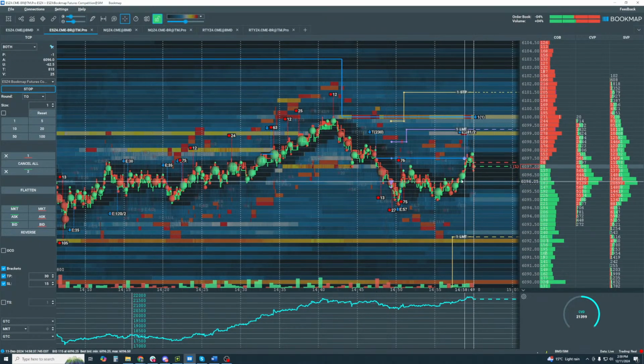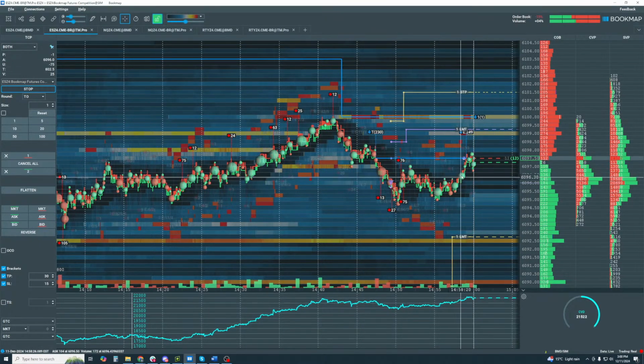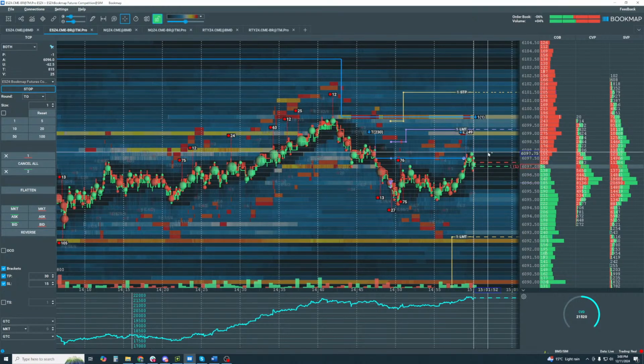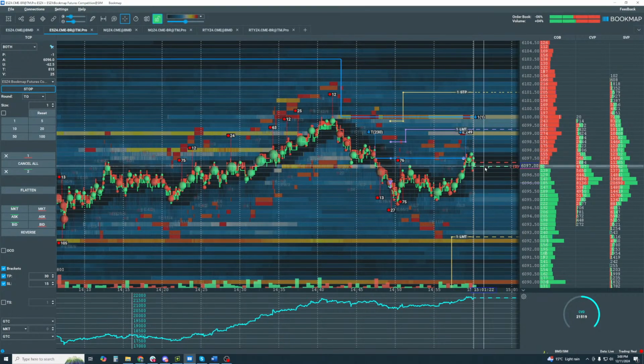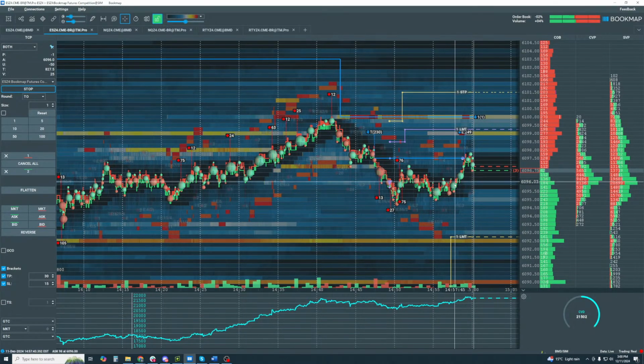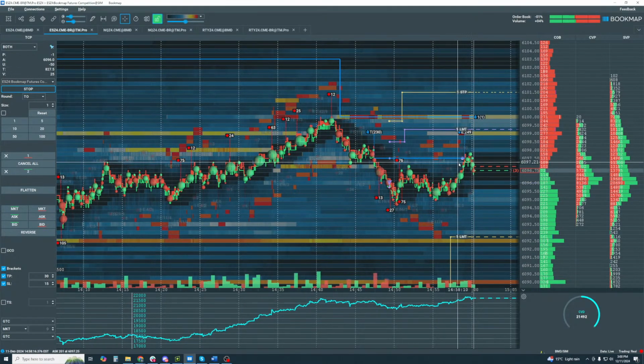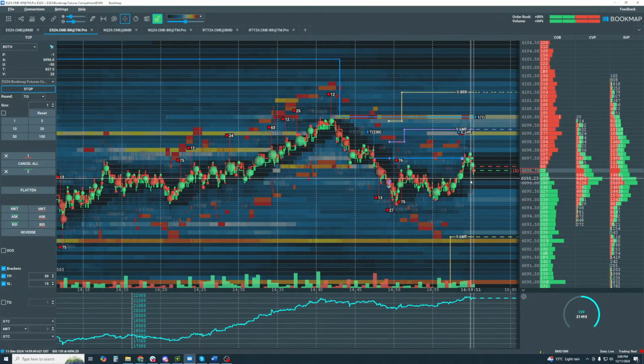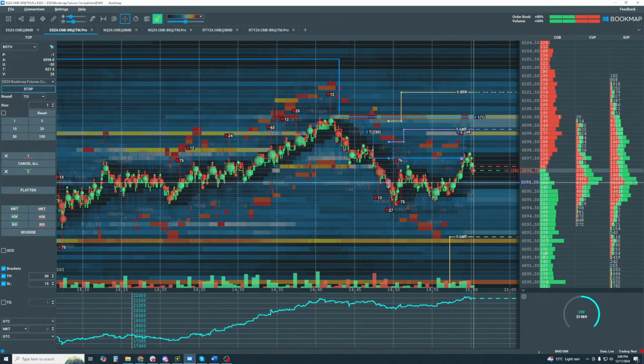We're back up above POC right now, and we're starting to find some buyers, and they're still trying to push this higher. As we know from our webinars about institutional traders and institutional size, this is kind of their cost basis here.